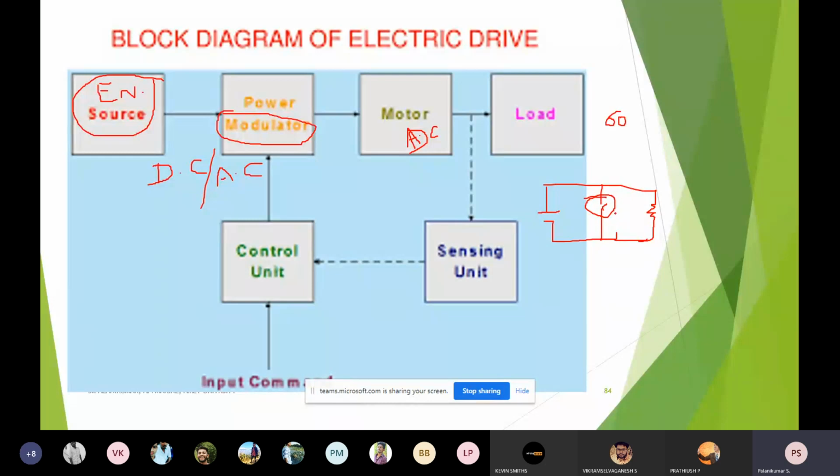What is the advantage of electronic switches? It is capable of operating at very high frequency.